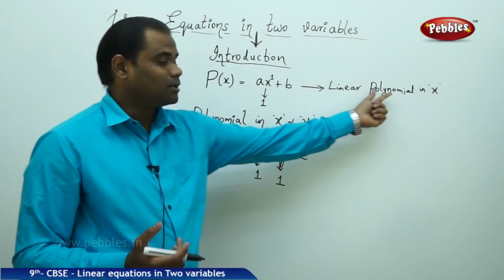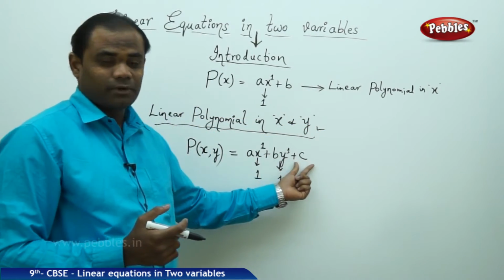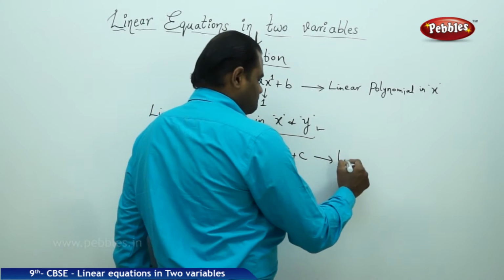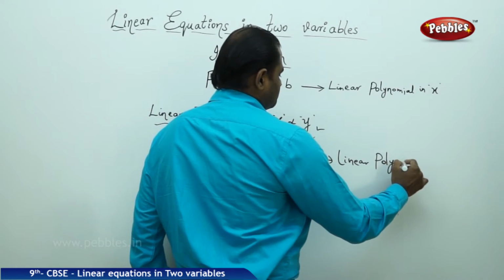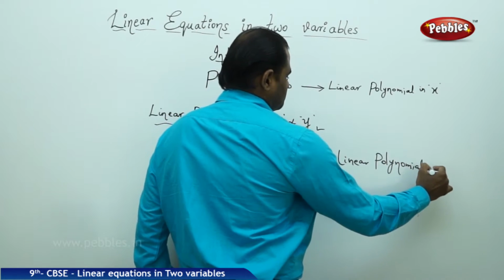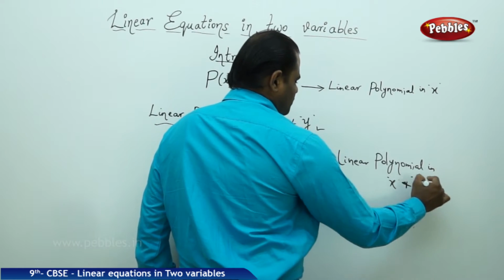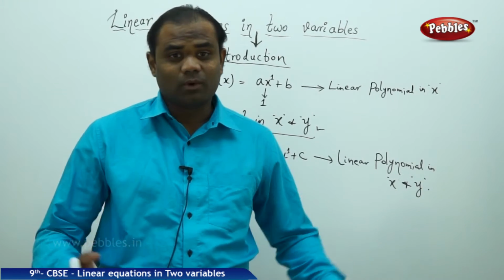Here, this is a linear polynomial in one variable x, but because I have the introduction of two variables x and y, this is a linear polynomial in x and y. The two variables here being x and y.